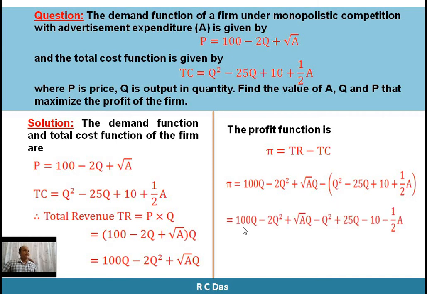That is equal to 100Q minus twice Q square plus root over A Q minus Q square plus 25Q minus 10 minus 1 by 2A, and that is equal to 125Q minus 3Q square plus root over A Q minus 1 by 2A minus 10. That is equation number 1.